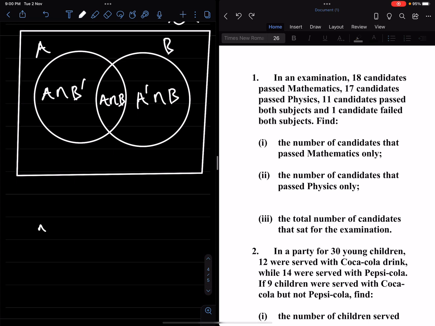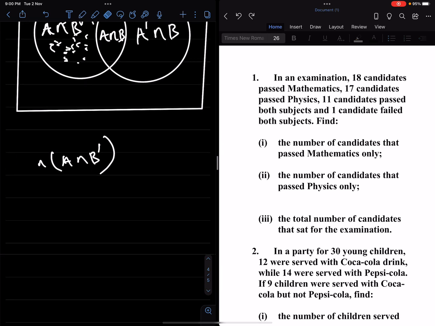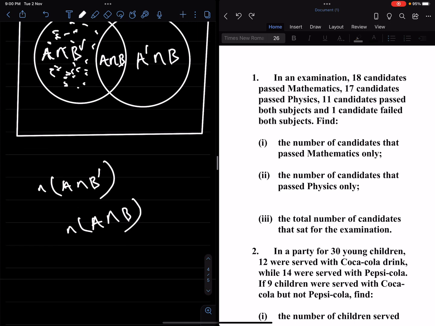So if I write N of A intersection B complement, that means the number of elements in the set A intersection B complement, which simply means the number of students who like only mathematics. If I write N of A intersection B, that means the number of elements in the set A intersection B, which means the number of students who like both math and English.